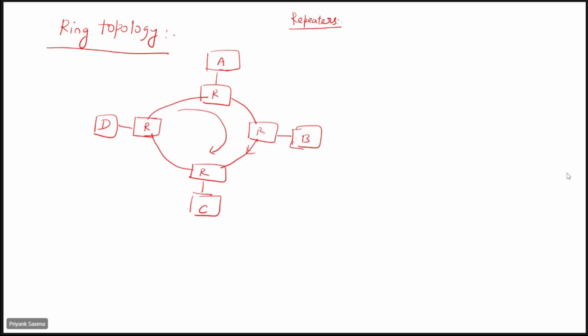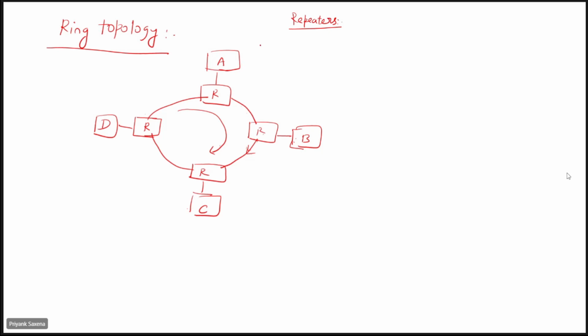That is fixed. If I am saying there can be 256 bits on this LAN, that means a maximum of 256 bits, so your frame size will be adjusted accordingly, and this repeater also introduces a 1 bit delay. So the bit length refers to the total number of bits present on the ring, right?